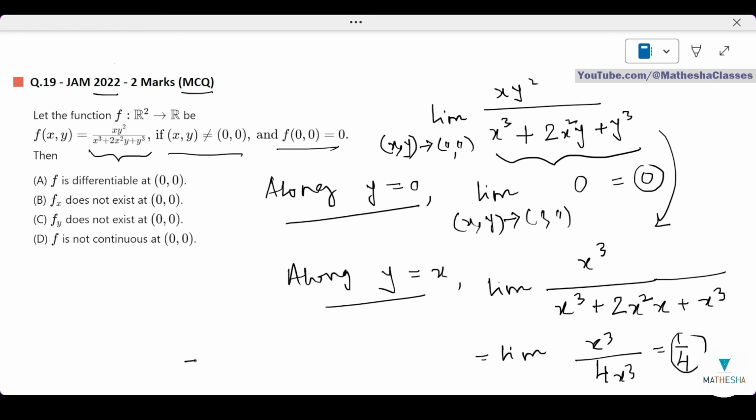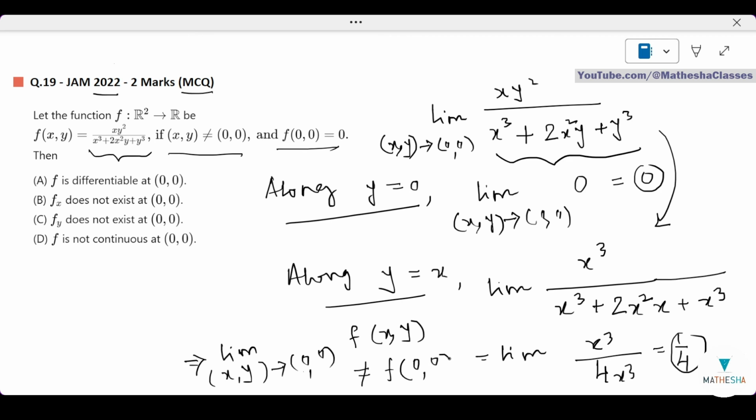So definitely limit does not exist as (x,y) tends to (0,0), f(x,y) exist ही नहीं कर रहा है, so how will it be equal to f(0,0)?